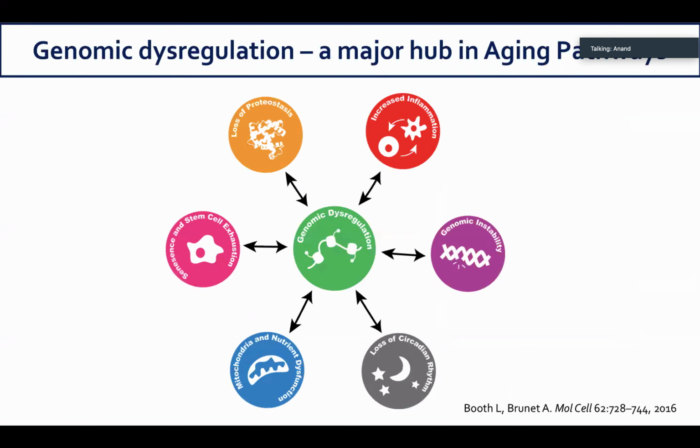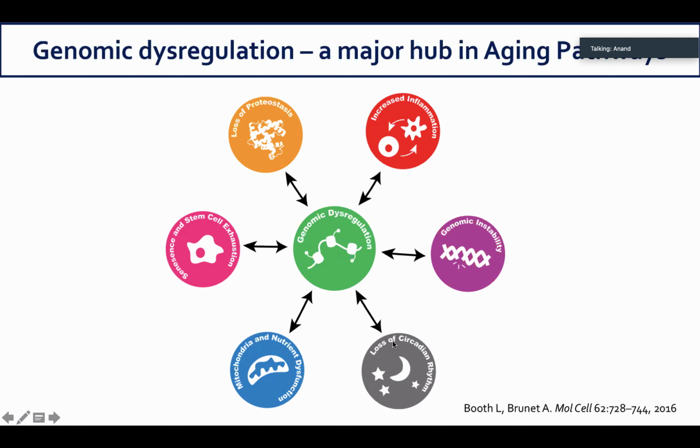Aging has been studied by a huge number of labs over the years, but the data is just beginning to come together in some pathways or in some coherent manner, I would say. And here, as you can see in this nice review from Anne Brunet, she talks about different changes that are happening in aging in different tissues.